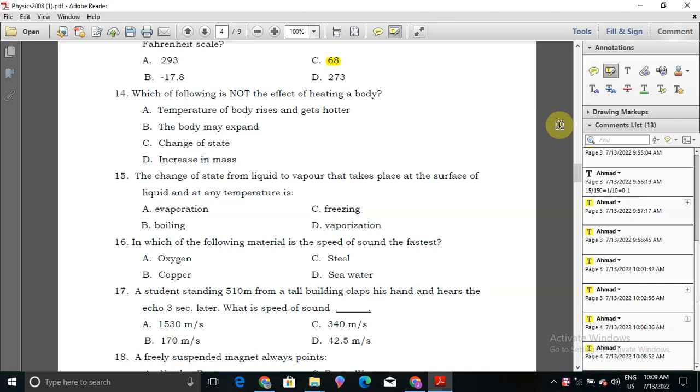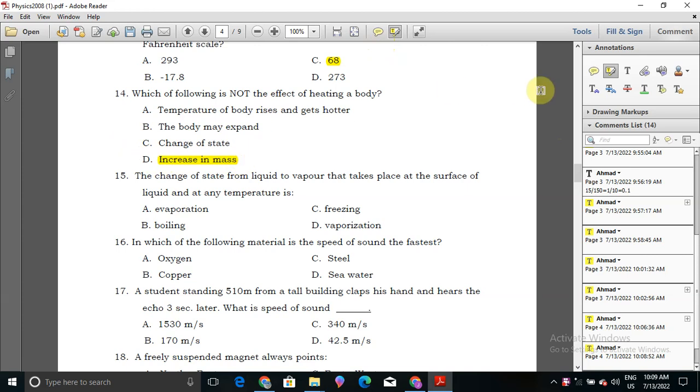Yes, that is correct. The body may expand. Yes, correct. Change of state. Yes, correct. Increase in mass. No, it's not the correct answer. Why? Because the question asks which is not the effect. Increase in mass is not an effect of heating a body. So the correct answer is choice D.